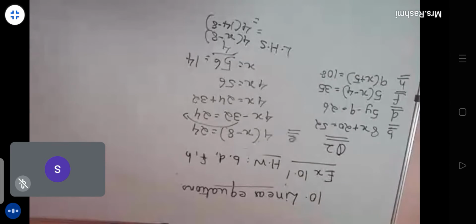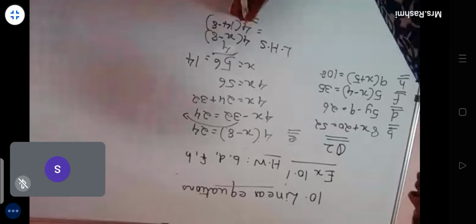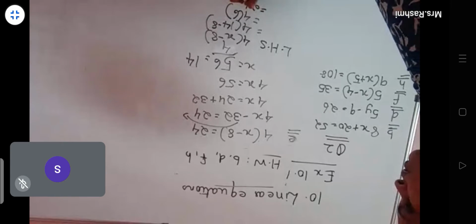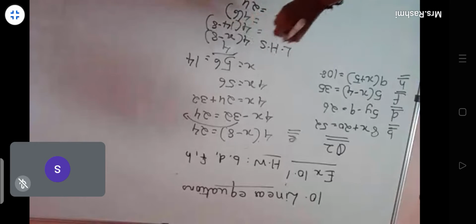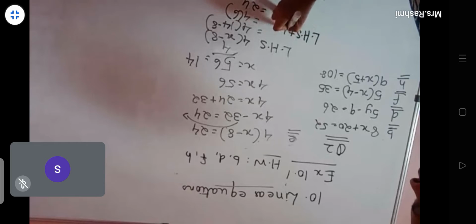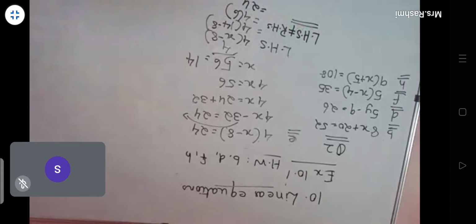How did you get equal? I also did not get equal. Because it's 6, no. It should be equal to 24. So LHS is 12 minus 8, which is equal to 6. Ma'am, I divided 24 by 4 and I got 6.